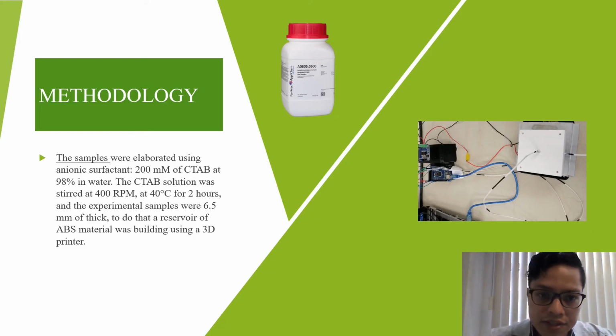As a methodology, the samples were prepared using the cationic surfactant, specifically 200 millimolar of CTAB at 98% in water, and the CTAB solution was stirred at 400 revolutions per minute at 40 degrees Celsius for 2 hours.